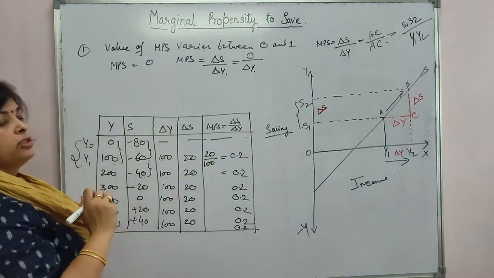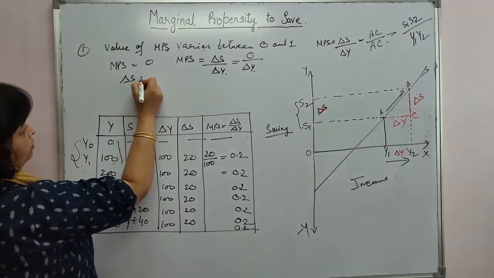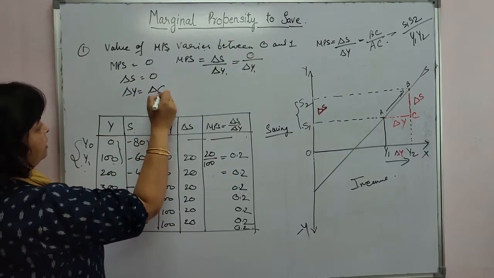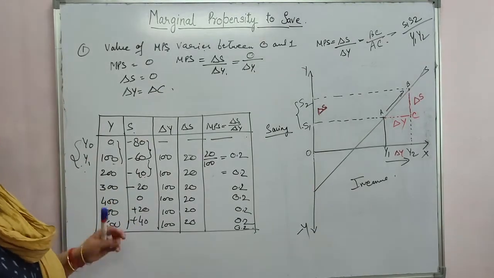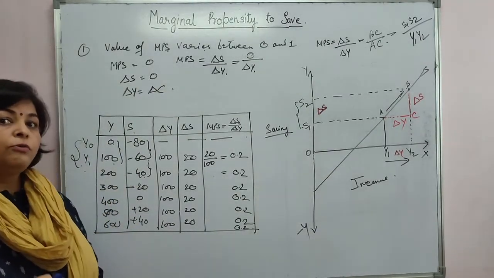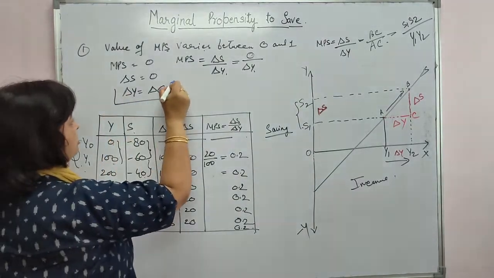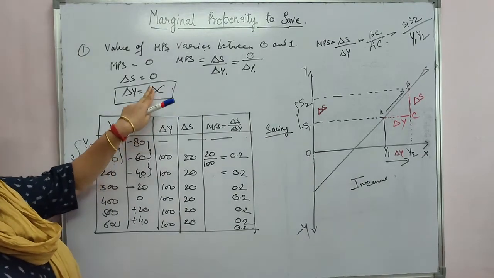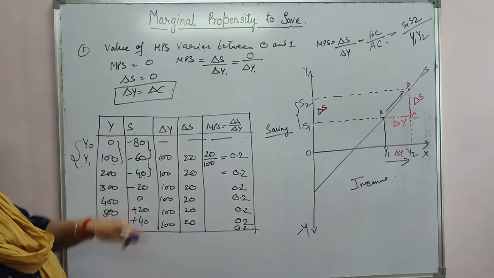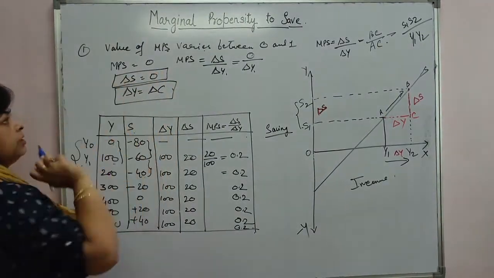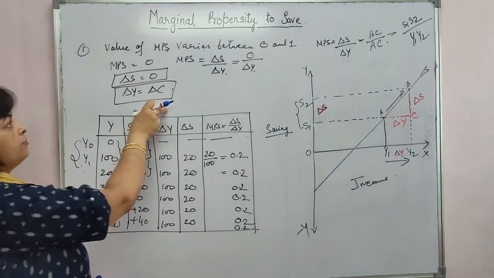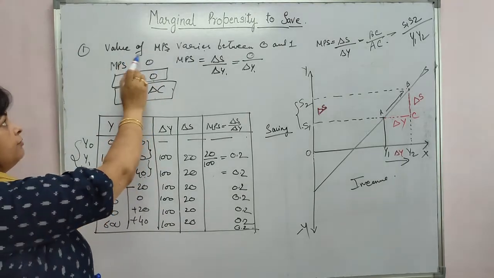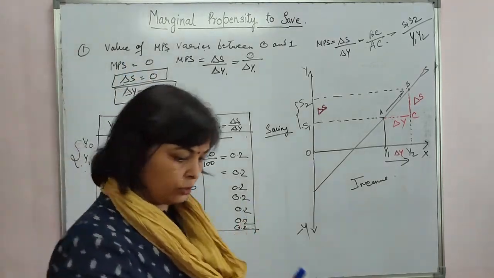So if delta S is equal to 0, that means delta Y is equal to delta C. So the value of MPS will be 0 when the whole change in income is spent for consumption purpose and it is not saved. So in that case, delta S will be 0. So that is why when delta C is equal to delta Y and delta S is equal to 0, then the value of MPS will be 0.